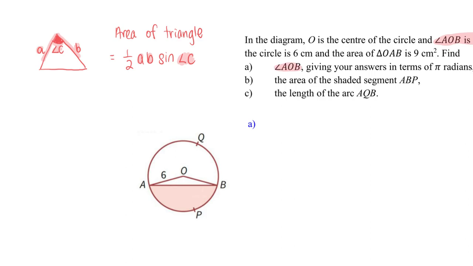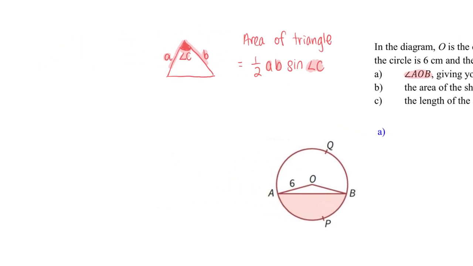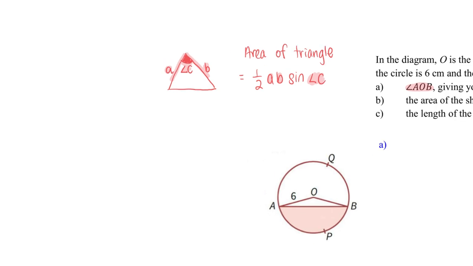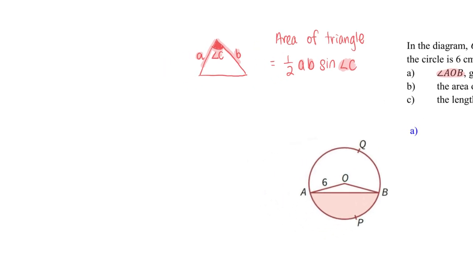But the AOB needs to be in terms of pi and also in terms of radians. Another important thing before we move on to solve part A is that since I know angle AOB is an obtuse angle, it is useful to also know that 180 degree is equals to pi radian.